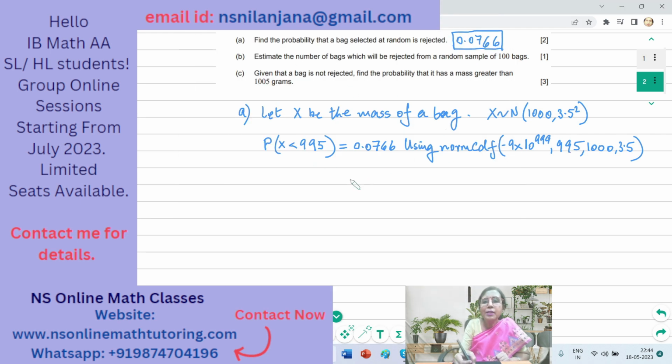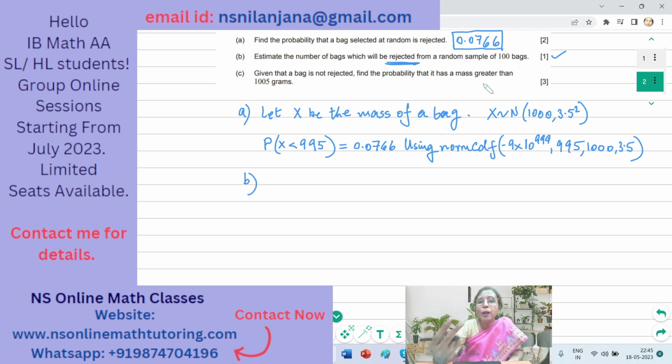So we are done with subpart A, coming to subpart B. Estimate the number of bags which will be rejected from a random sample of 100 bags. It contains just 1 mark. If a bag is chosen at random from a sample of 100 bags, it can be accepted or it can be rejected.